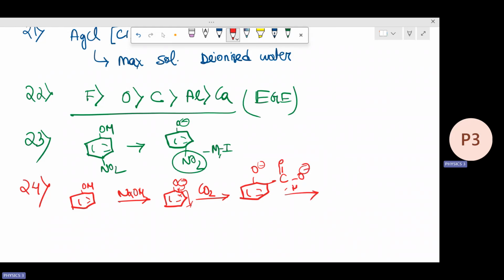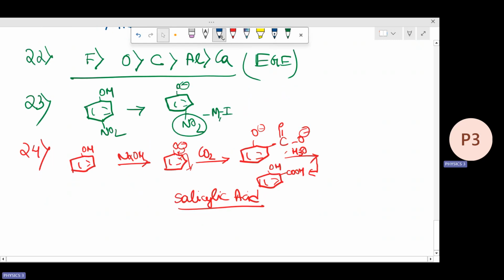As soon as you give H3O plus, I'm doing it in short, you are going to get OH, COOH. This is nothing but salicylic acid. Next question.